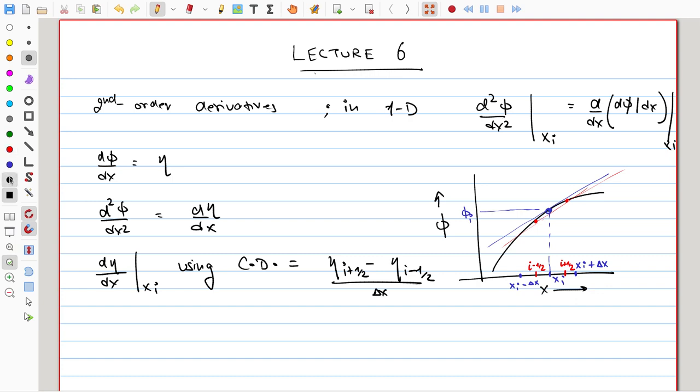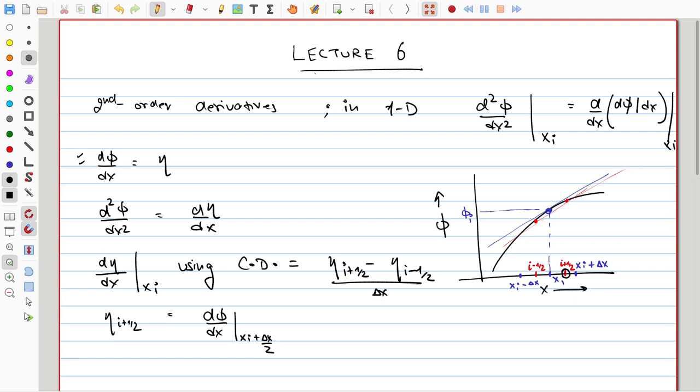But eta is also something that we have to resolve. Eta is a partial step, so eta is d phi by dx. Let's work out eta at i plus half. So what is eta at i plus half? It is d phi by dx at the point xi plus delta x by 2. That is the value here.